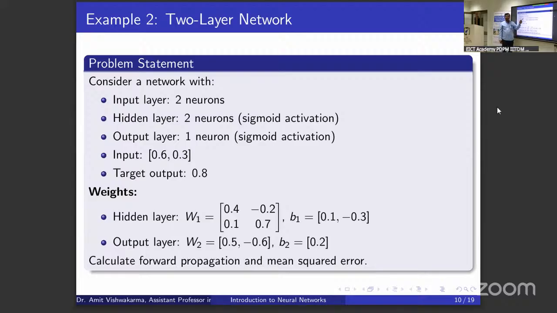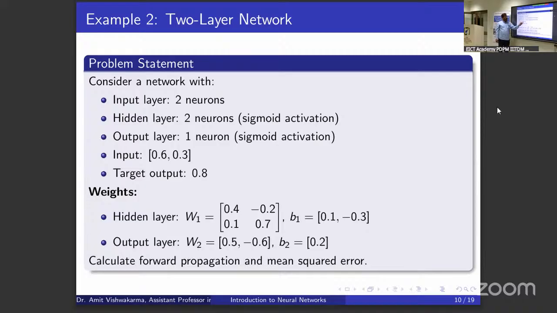But in the hidden layer and the output layer, we have to apply the activation function. In this example, we are applying sigmoid. What is the input? I have 0.6 and 0.3.